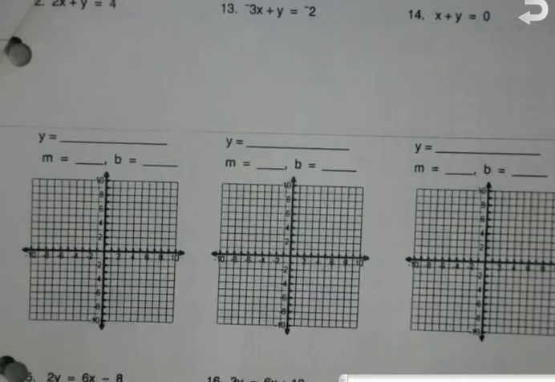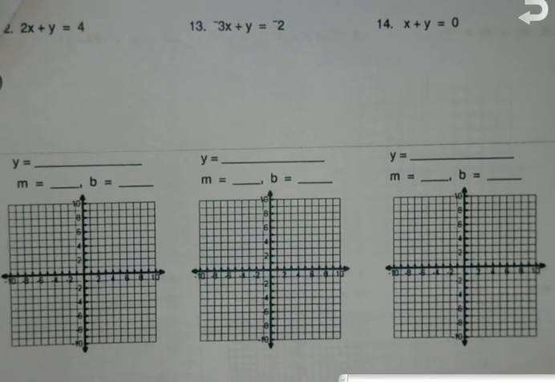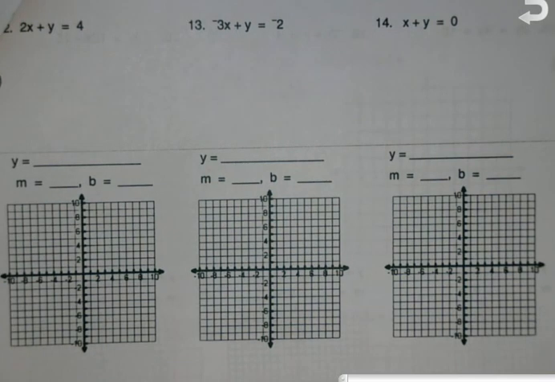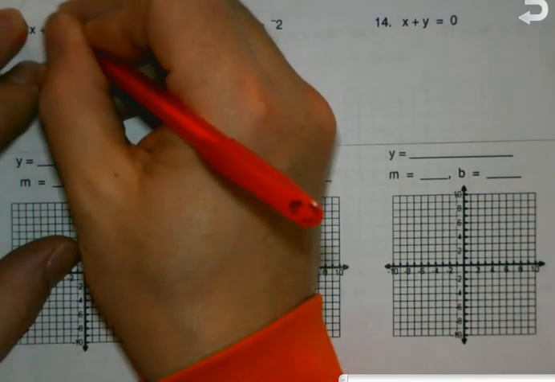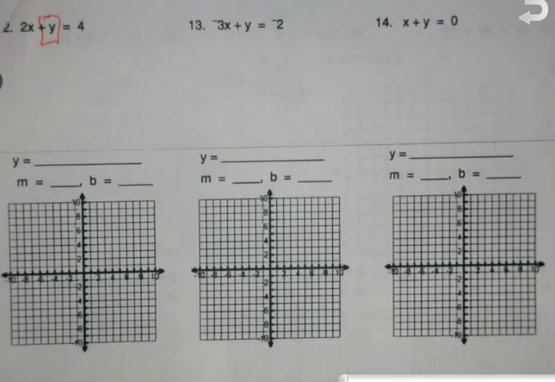Then we add one more thing when we get to the last page. Notice these aren't all solved for y yet. So when I get back to this page, my first job is to get y alone. On number 12, how do I get that 2x out of there?